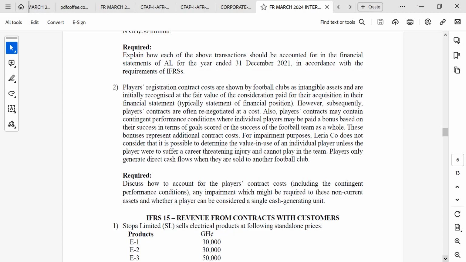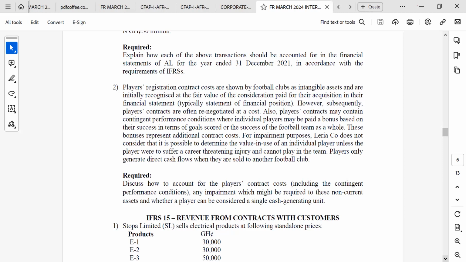For impairment purposes, LERIACO does not consider that it is possible to determine the value in use of an individual player unless the player were to suffer a career-threatening injury and cannot play in the team. Players only generate direct cash flows when they are sold to another football club.